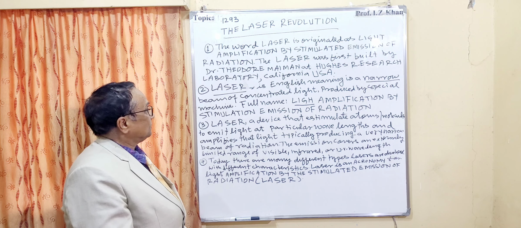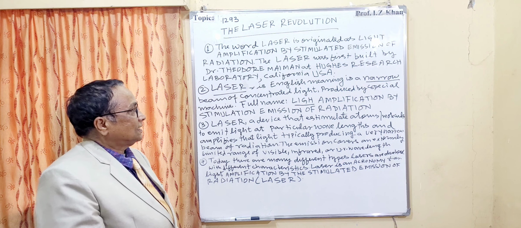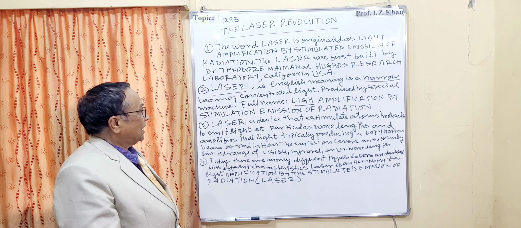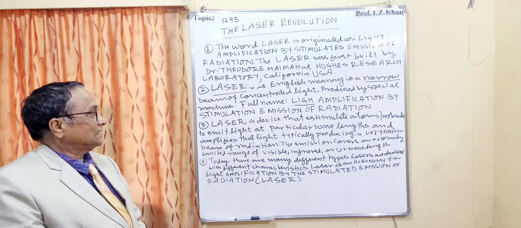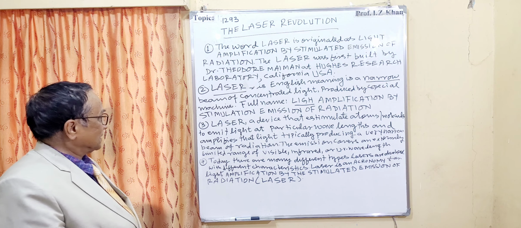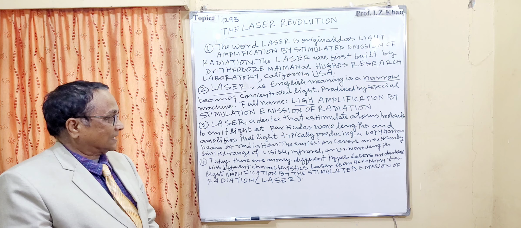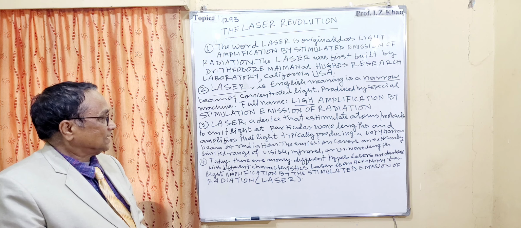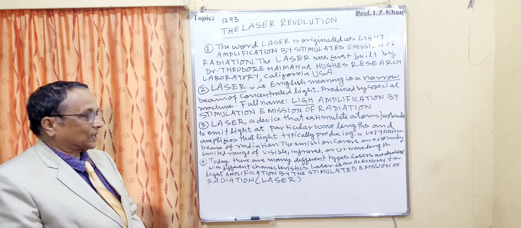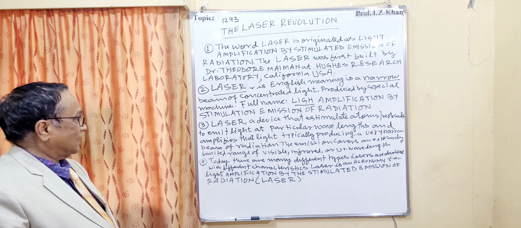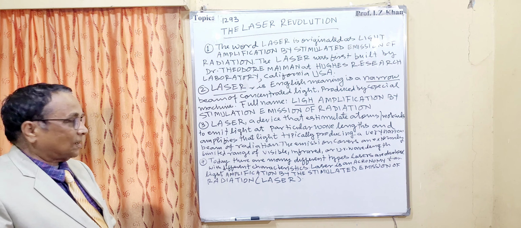And number 2, the English meaning of laser is a narrow beam of concentrated light produced by a special machine, and the full name is light amplification by stimulated emission of radiation. Number 3, a laser is a device that excites atoms and molecules to emit light at a particular wavelength and amplifies that light, typically producing a very narrow beam of radiation.